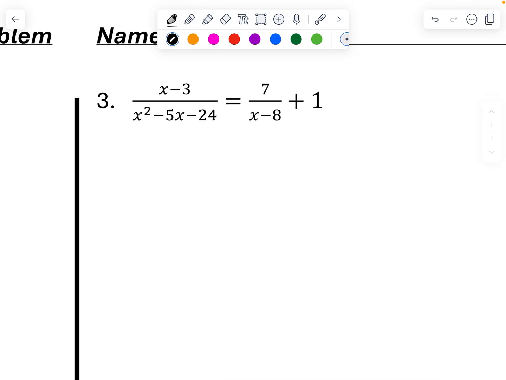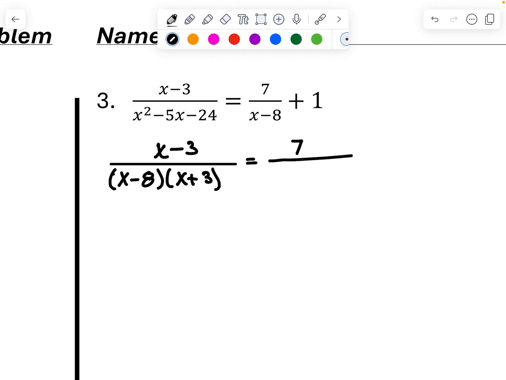Alright, first thing I'm going to do is rewrite the problem. I'm going to say that x minus 3, and the factored form of this would be x minus 8, x plus 3, equals 7 over x minus 8 plus 1 over 1.